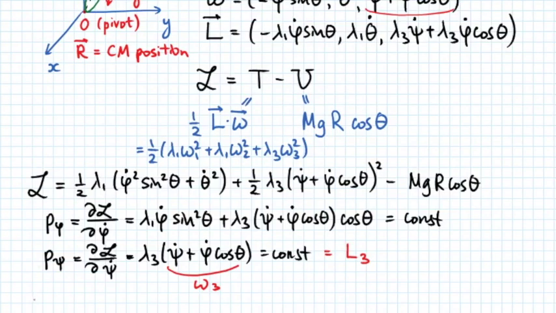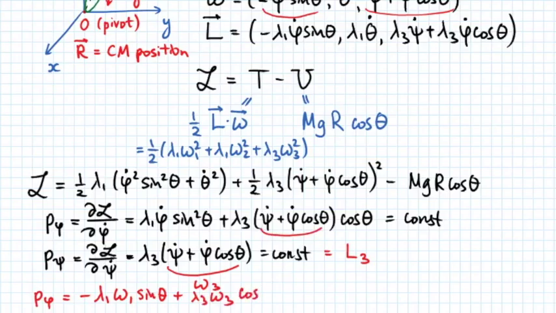We can also rewrite p phi in the following form. We can write it as minus lambda 1 omega 1, this here, times sine theta, plus lambda 3 omega 3, this here, times cosine theta, which is nothing other than minus L1 sine theta plus L3 cosine theta.